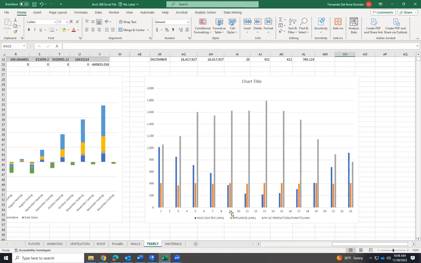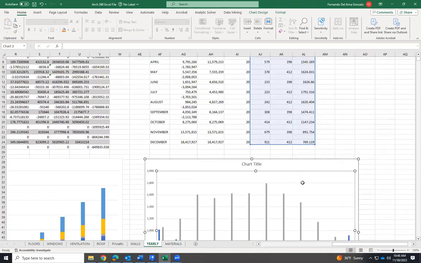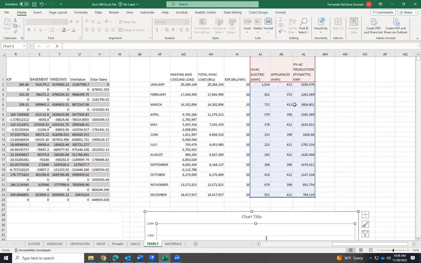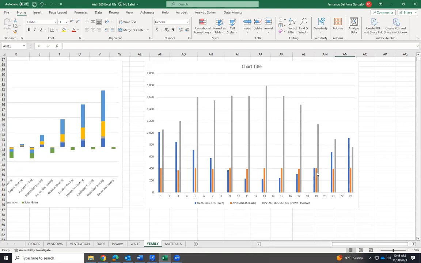That's the orange line. The blue line is the HVAC system. And this is the PV production. Remember that I created this chart taking into account all these elements. So here we see the contribution of the appliances, the HVAC, and then the gray, it's the PV production that we have there.